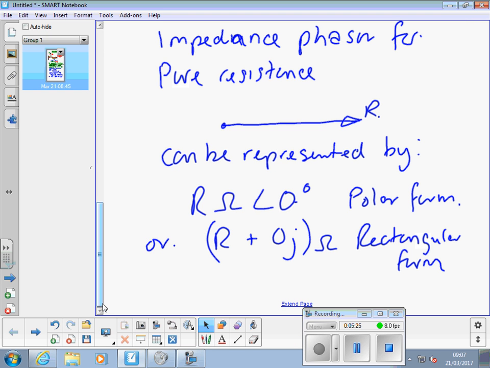I'm going to be recapping complex number arithmetic of both forms this morning because we need to use it.